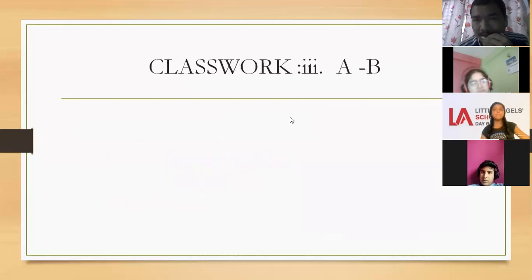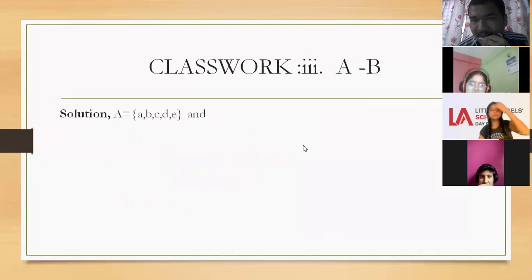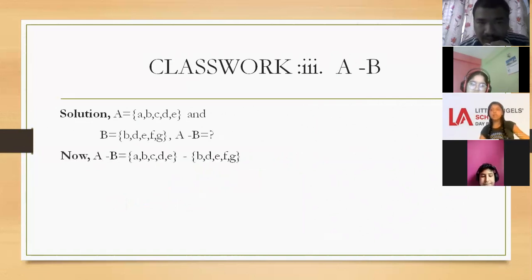Look here. Number 3. What is A minus B? What is the meaning of A minus B? A minus B means the subtraction of the two sets. First of all, set A and set B. Now we have to write A minus B, write the elements of set B. What do we have to do while subtracting the sets?